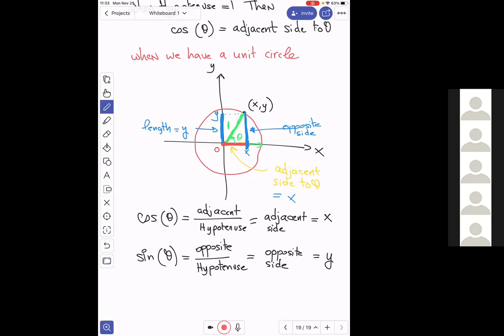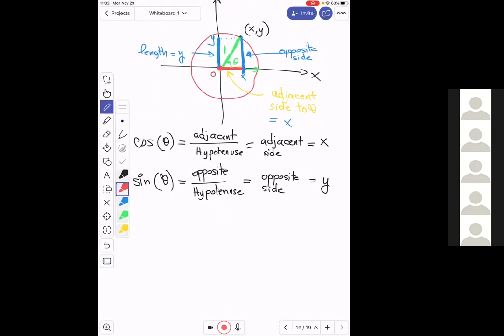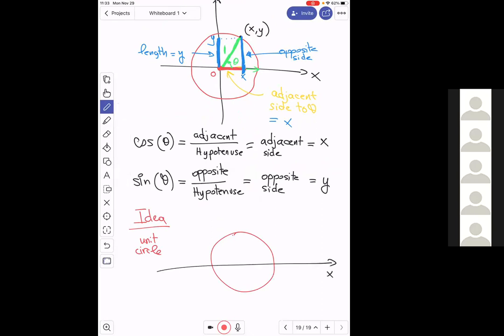So again, let me write it down here. You have a unit circle, so the radius is 1, and you have some angle. This is your x-axis, and this is your y-axis. Let's say this is your angle theta, and this is the point (x, y).